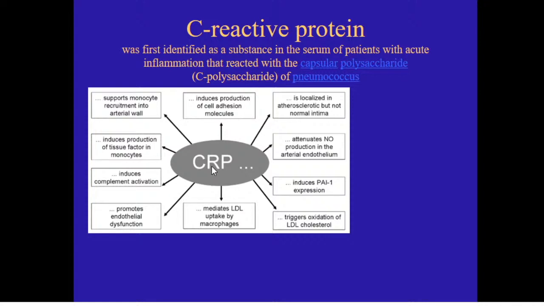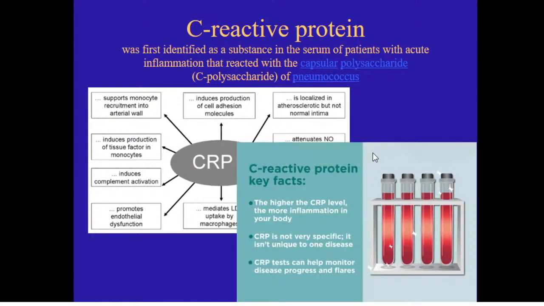All of these reactions are necessary for fighting infections, the bad things in our blood, but sometimes they can go out of control, and a high concentration of C-reactive protein is a sign that you need to control the processes in the patient's organism.